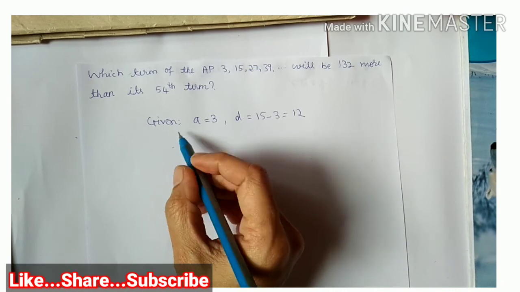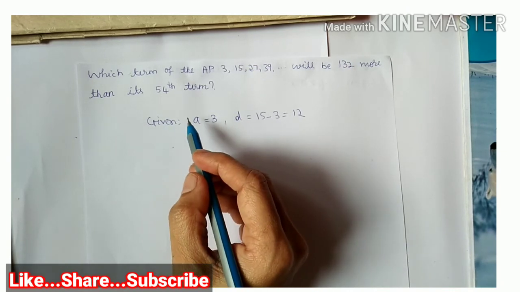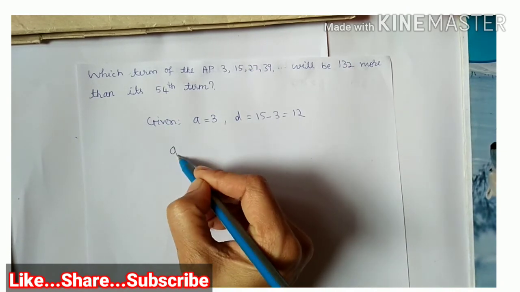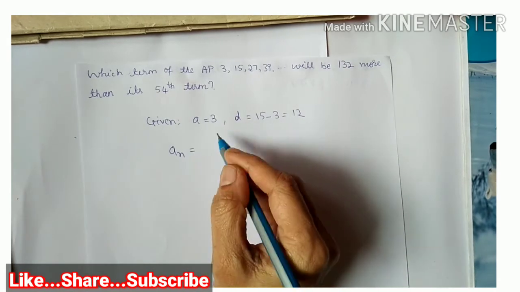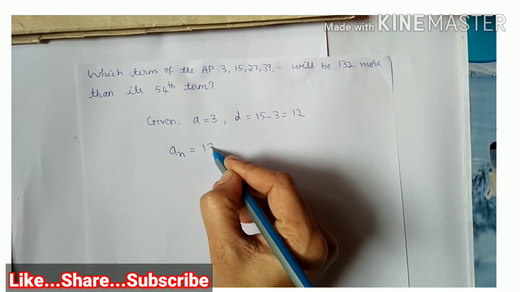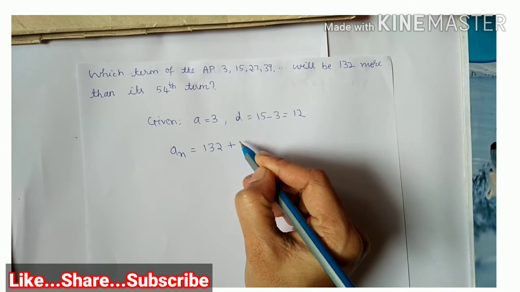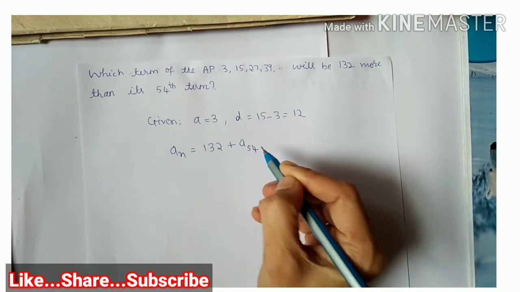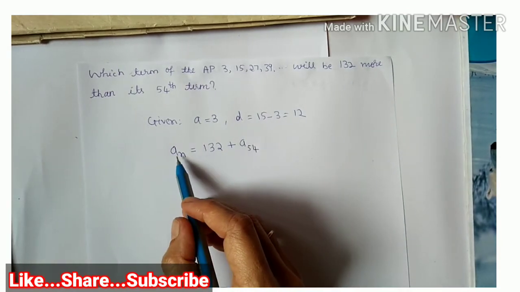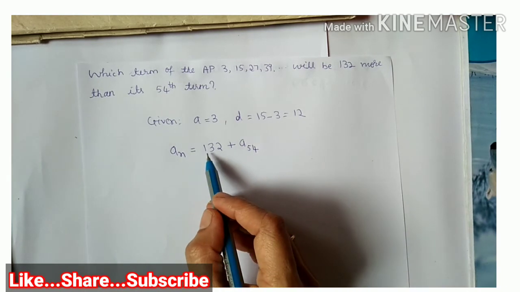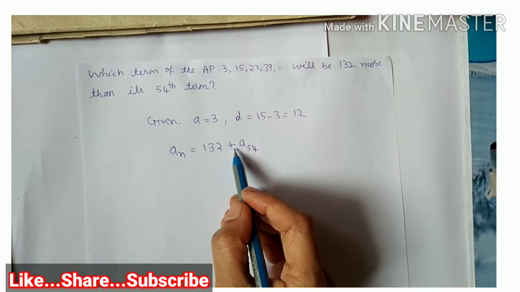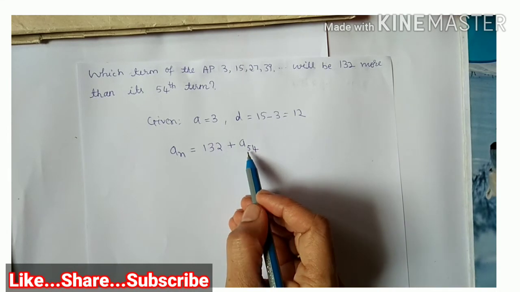Also given, the nth term will be 132 more than its 54th term. Here the nth term of the AP is equal to 132 plus the 54th term, a54.